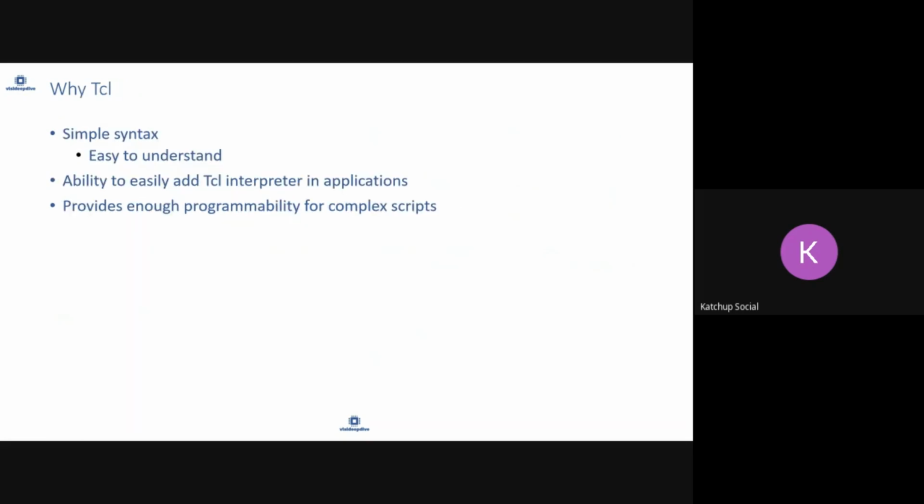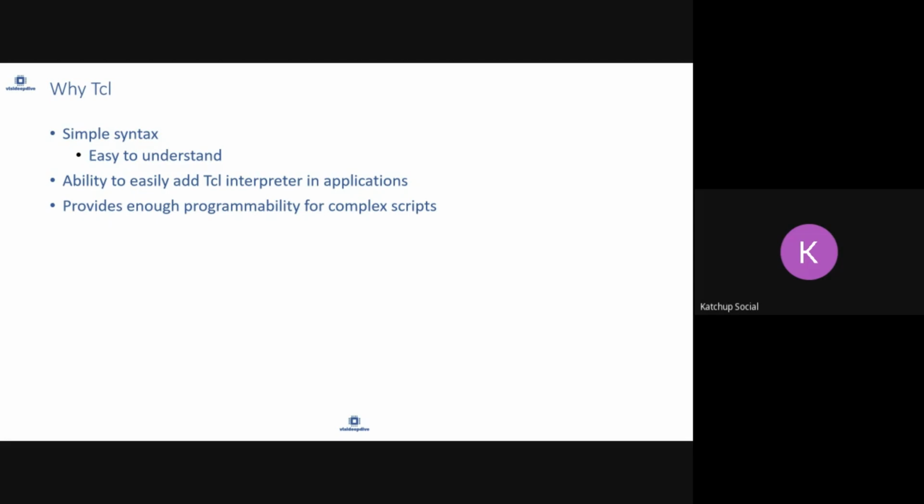Let's see why people actually chose Tcl. It has a simple syntax that is very easy to understand. There are not a lot of data types. It's very easily addable in various applications, and even though it's easy to understand, it's good enough to provide enough programmability for complex scripts.